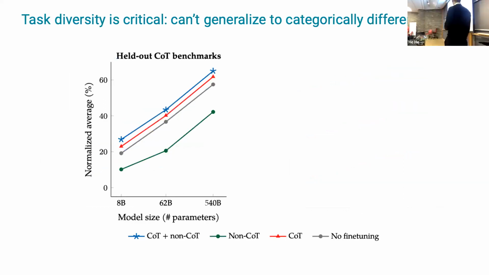We'll do this evaluation on the chain of thought, or reasoning. I mentioned that chain of thought is a different type of task among the 1800 tasks. So we are going to train 3 models, one with the chain of thought, one without. Let's again start with the gray line. That's the pre-trained model.